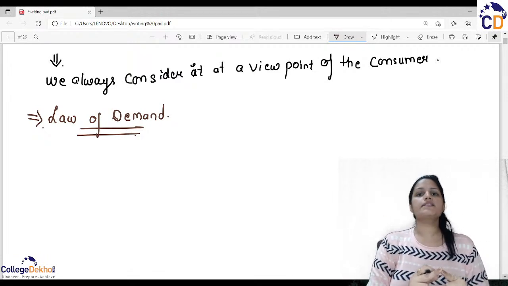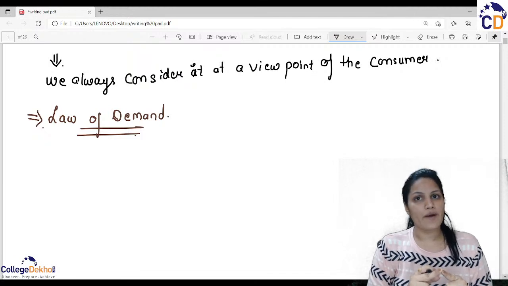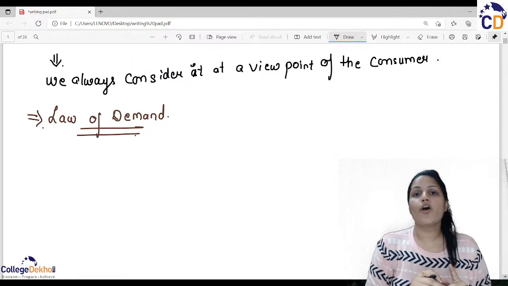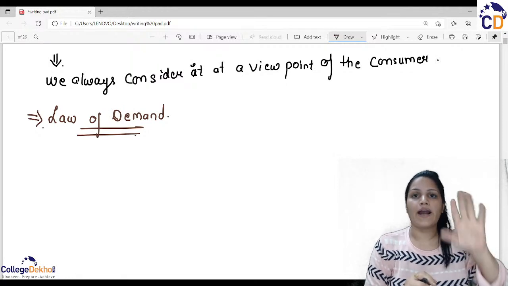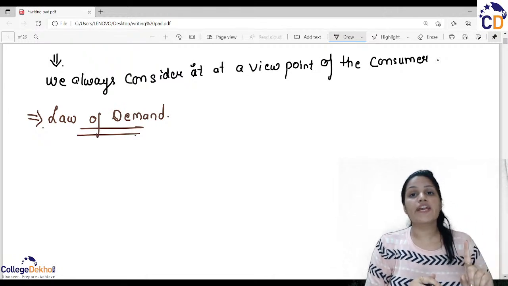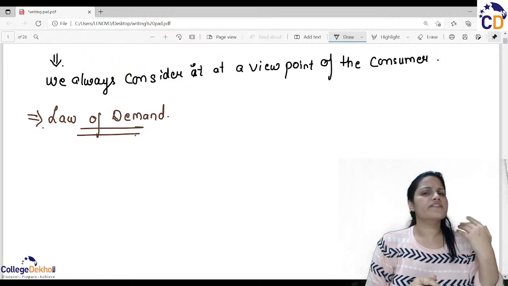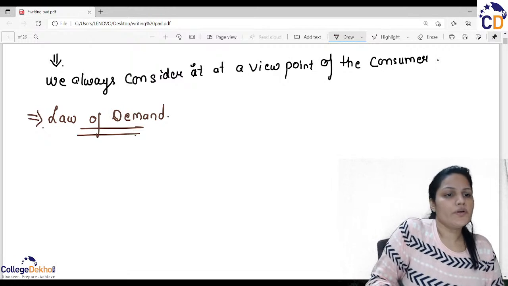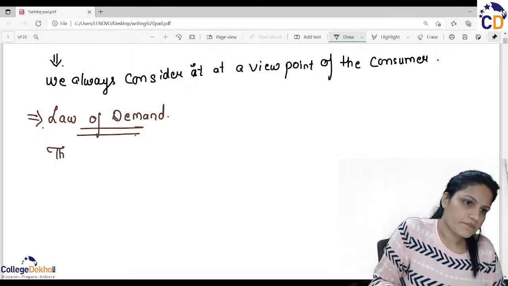So here demand is a desire or willingness to buy, so the law will be created only because of the consumer's mind. A consumer is ready to purchase less when the price is high and purchases more and more when the price is low.